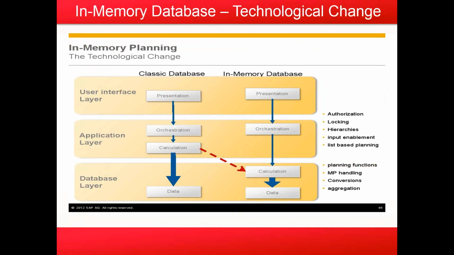But now, since all the data already exists in memory, they don't have to do that. Rather, they can simply apply whatever the application code wants to do in the memory. It's already pre-existing. All it has to do is process the application commands in the memory and display it to the user.